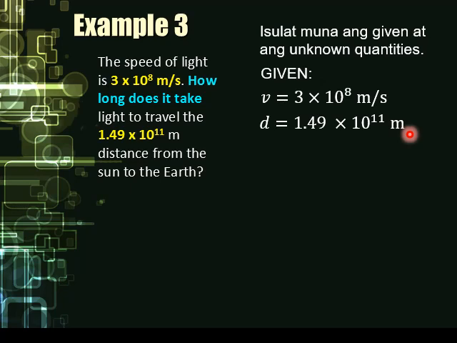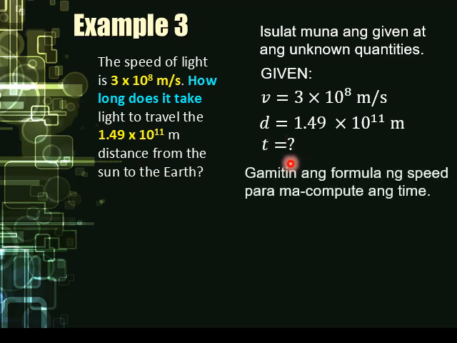Okay, so ang hinahanap natin dito is, how long does it take? So we're looking for the time. Okay, so gagamitin natin ang formula ng speed para ma-compute ang time. So we know that the speed is equal to distance over time. So para makuha natin yung value ng time, kailangan natin i-translate yung equation. So ang easiest way para gawin yun is pagpalitin lang natin yung pwesto ng speed at saka time.